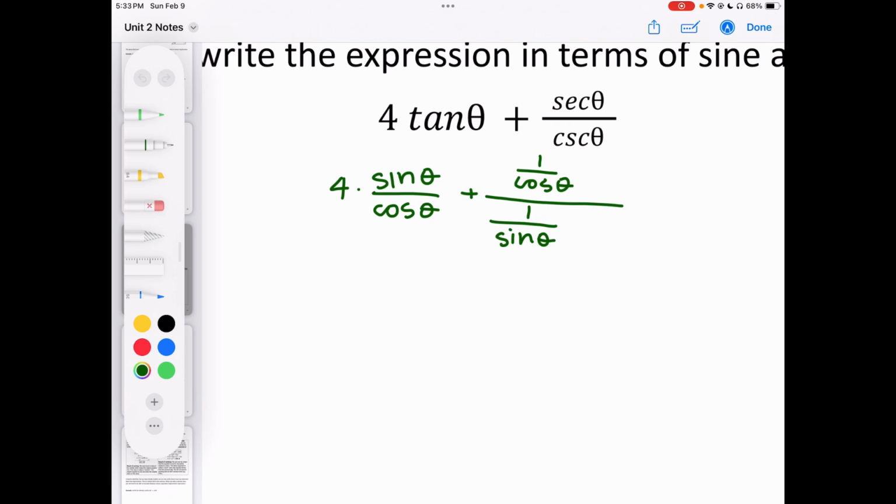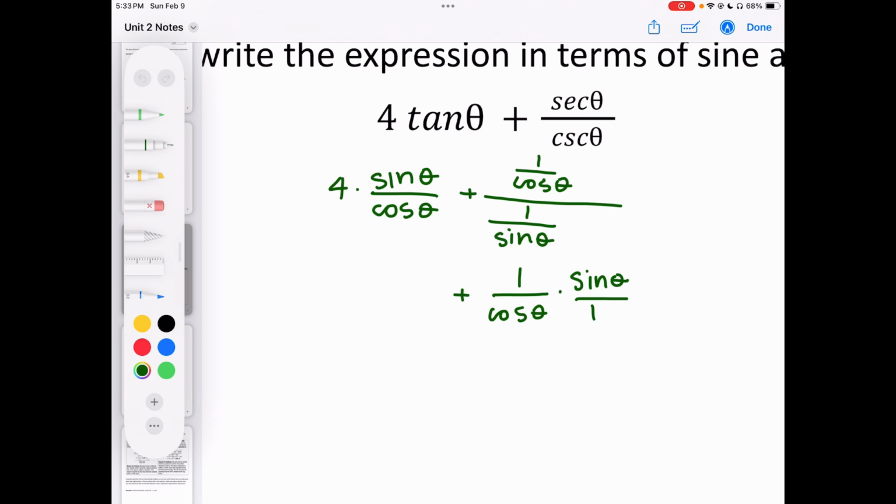From there, I need to figure out what goes together, what might cancel, all that good stuff. So I think I'm going to go ahead and work with this right-hand side. I have 1 over cosine theta times sine theta over 1, right? That's what's going to happen when we have to divide a fraction by another fraction. And then we have 4 sine theta over cosine over here. And so on the right, things are going to simplify.